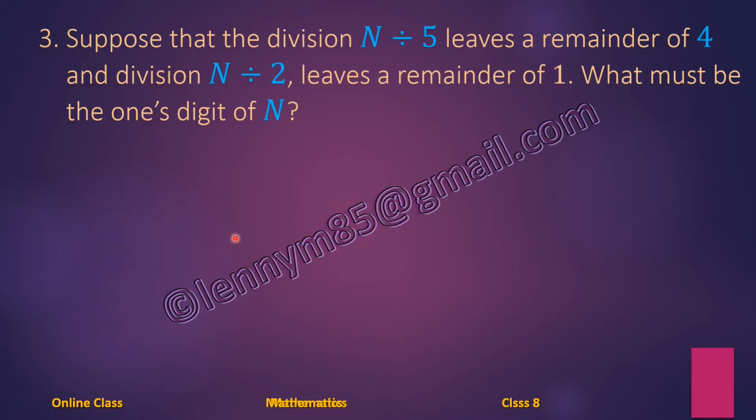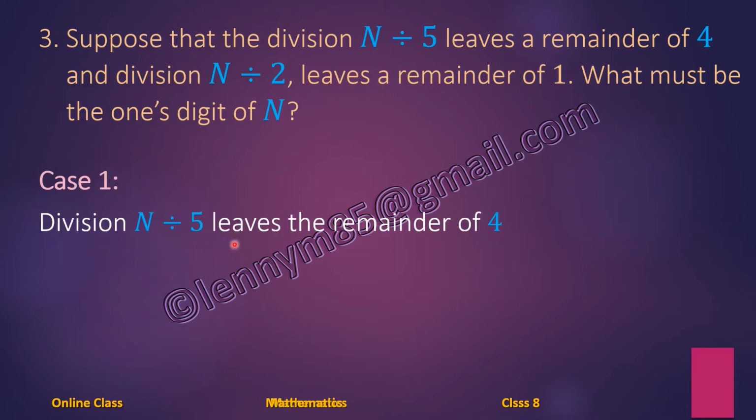What must be the ones digit of n? Now consider the first case. n divided by 5 leaves a remainder of 4. What must be the ones digit of n? The solution.